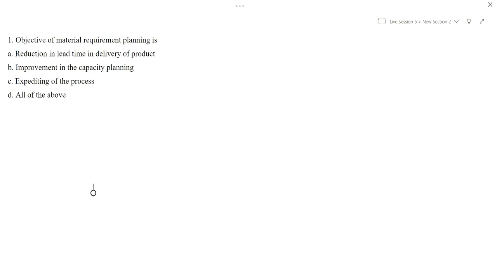And finally, it also increases the efficiency of the production system as a whole, which means it helps to increase the productivity. So according to these options, the correct option is reduction in lead time in delivery of product.